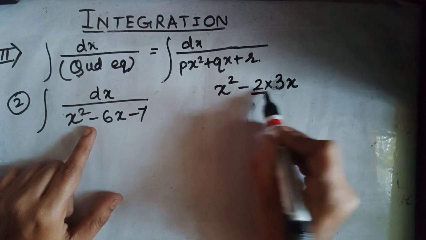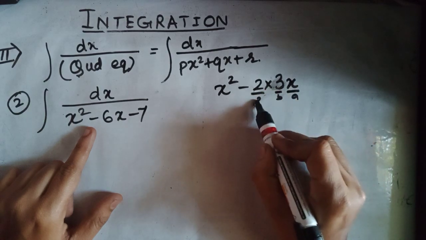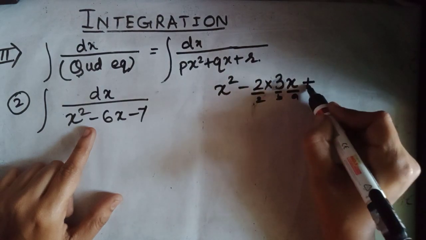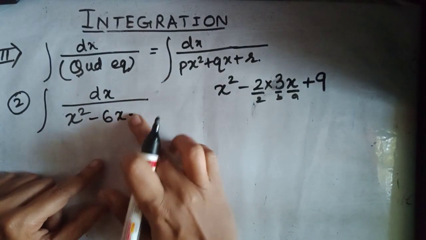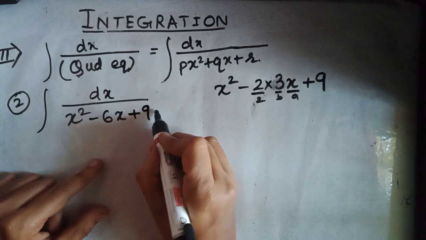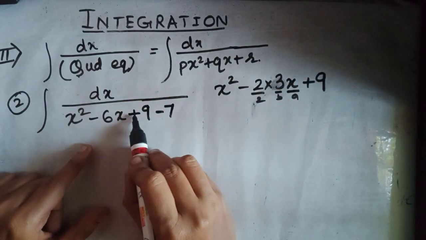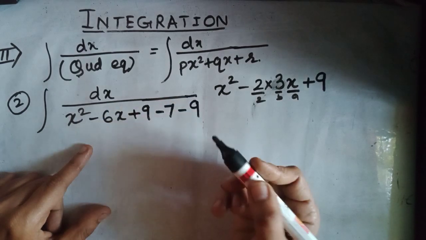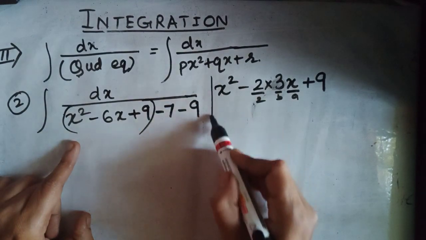So this is your 2, this is your a, and this is your b, 2ab. So b is 3, so you have to add here 3 square, which is 9. So you can make the adjustment, that is plus 9 minus 7, and here you have added plus 9, so you have to subtract 9. So this is your a plus b the whole square.